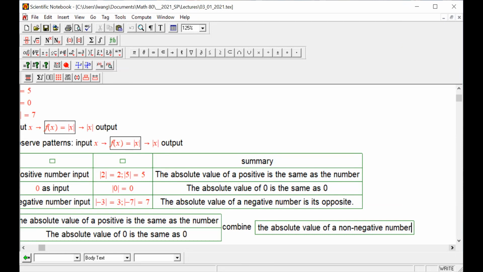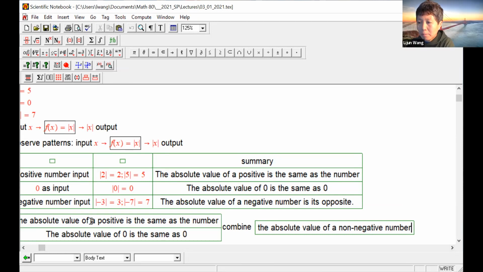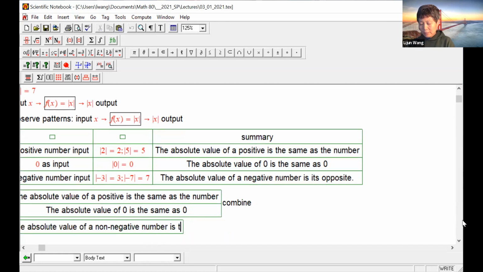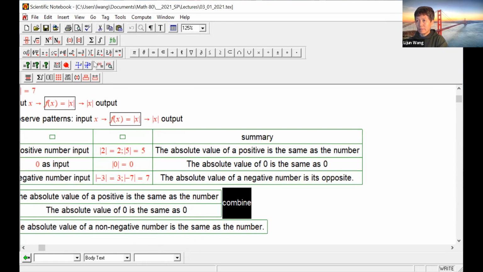So the absolute value of a non-negative number, where I combine the positive number and 0 together, is the same as the number. Do you agree with that sentence?